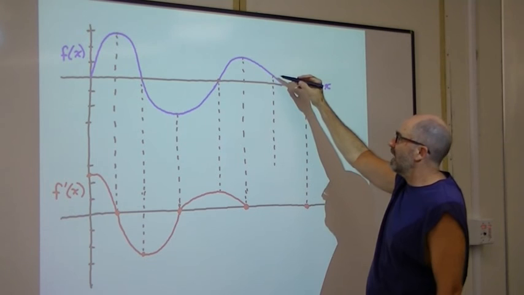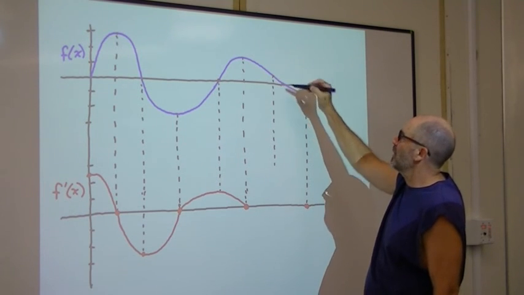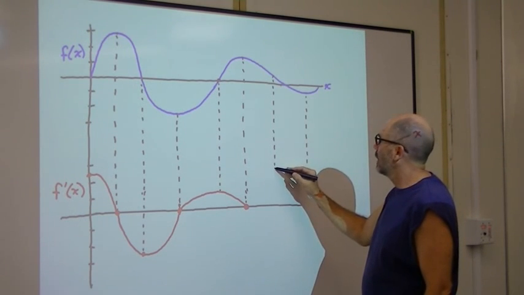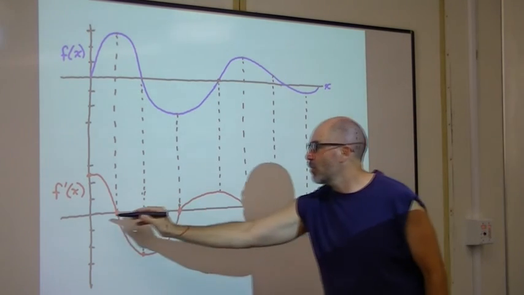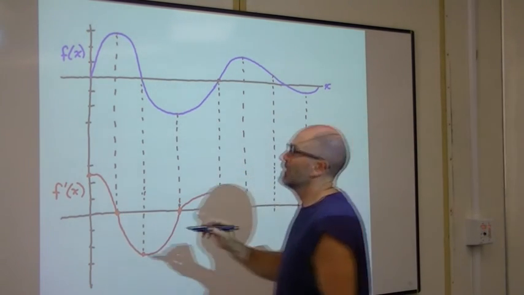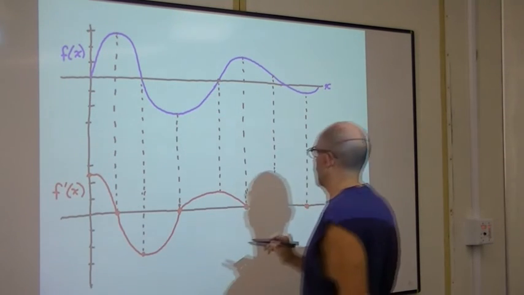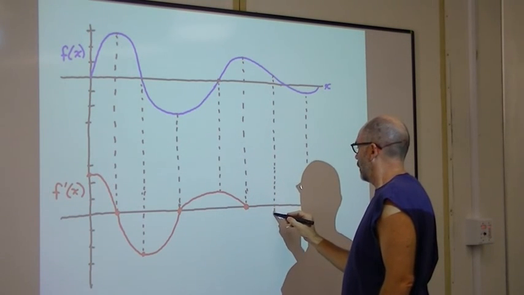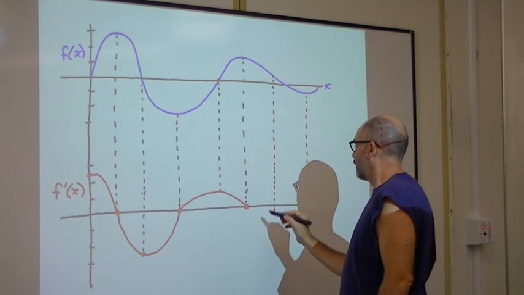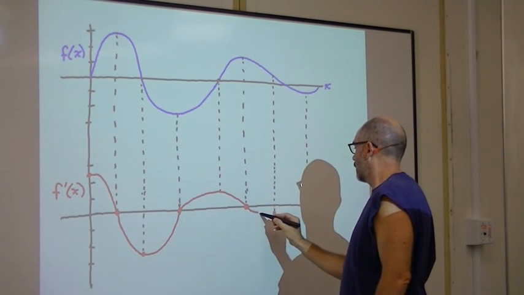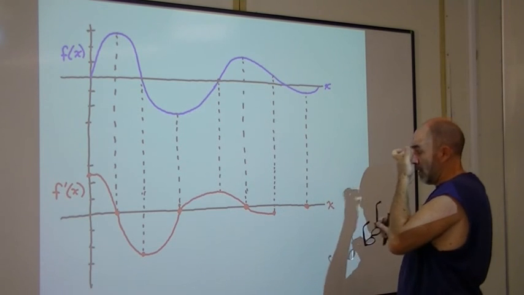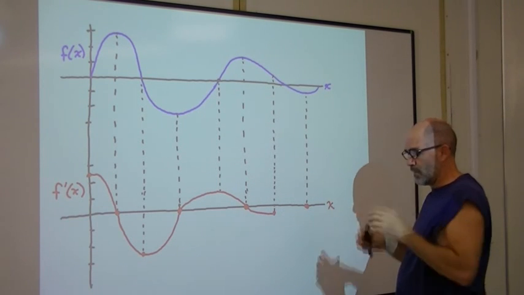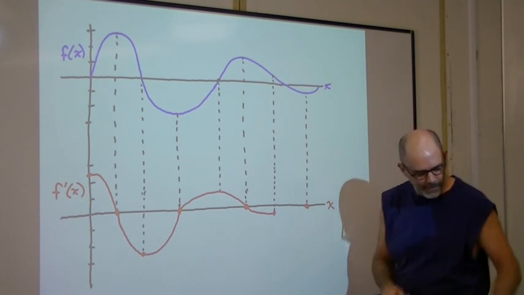Not quite. It's greater than -1. So it's just slightly negative. But it's not all the way to -1, notice. So we're leveling this out right there. Now, hold on.